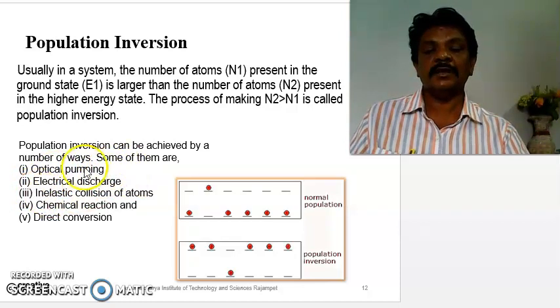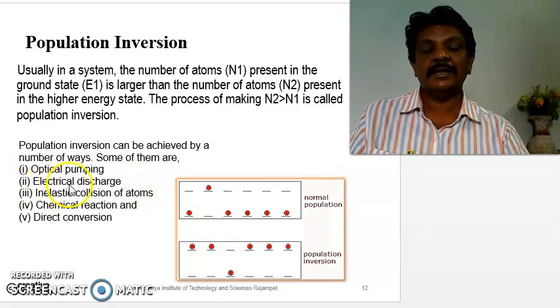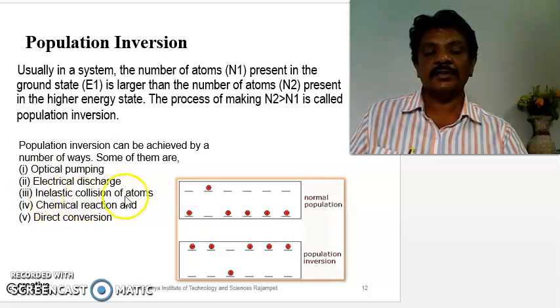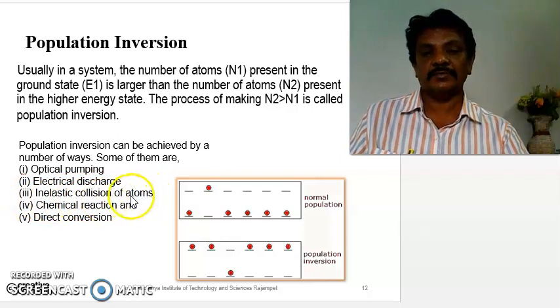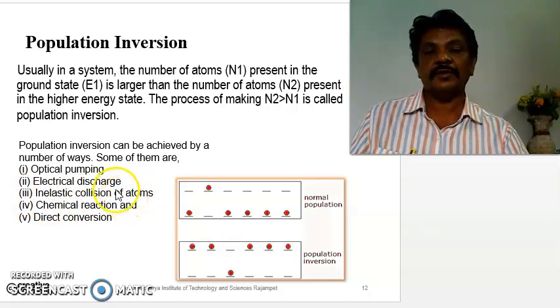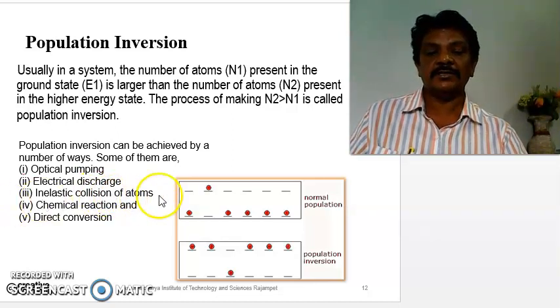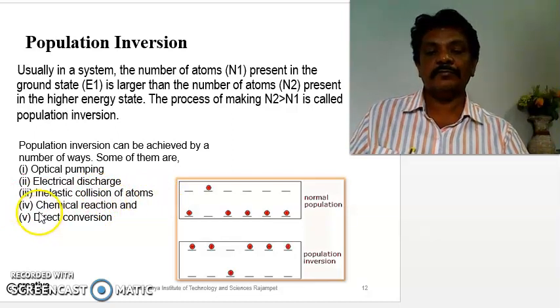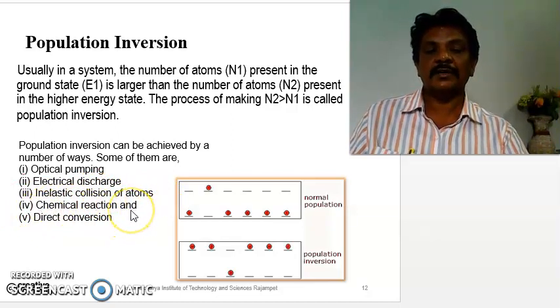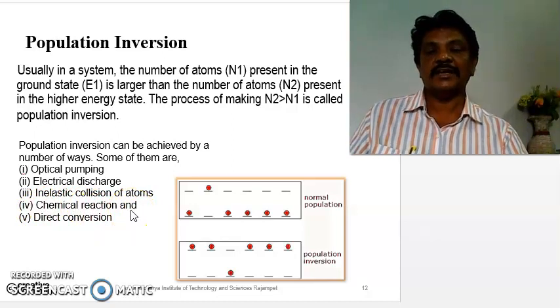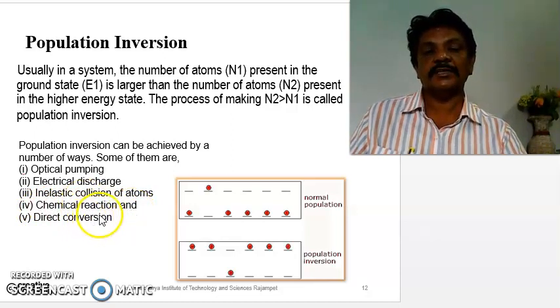The second one is population inversion obtained by supplying an electrical discharge. This is called electric discharge absorption. The third one is inelastic collision of atoms, where electrons collide with atoms and more atoms reach a higher energy state. The fourth one is chemical reaction, where some chemicals are selected to get more atoms in the excited state.